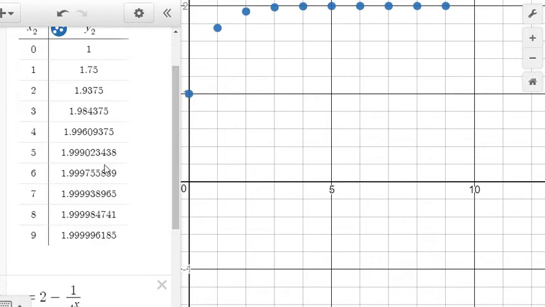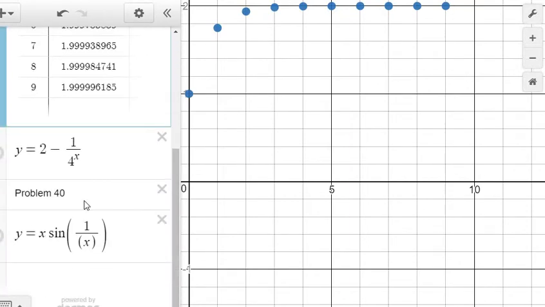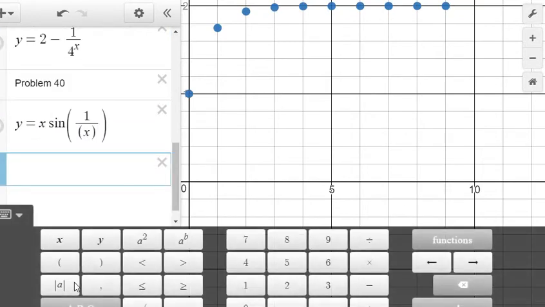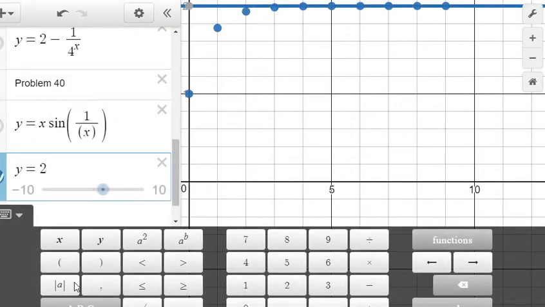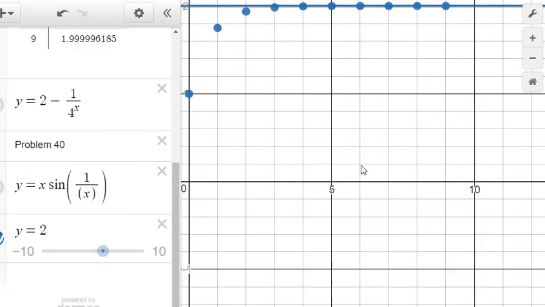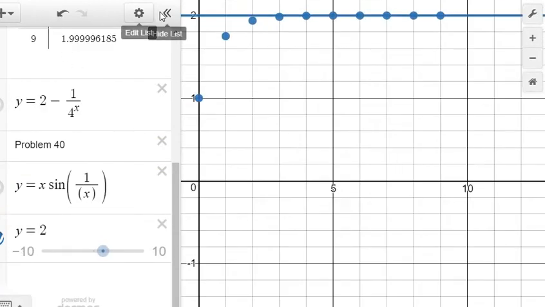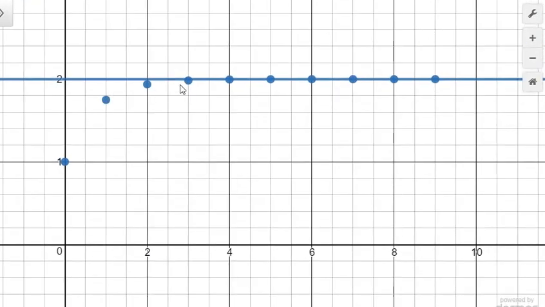The biggest that this thing would get would be 2. Because these values are getting closer and closer to 2, and because the line y equals 2 is an upper bound, this thing has to have a limit. It has to eventually converge to 2. So a bounded monotonic sequence is going to converge.